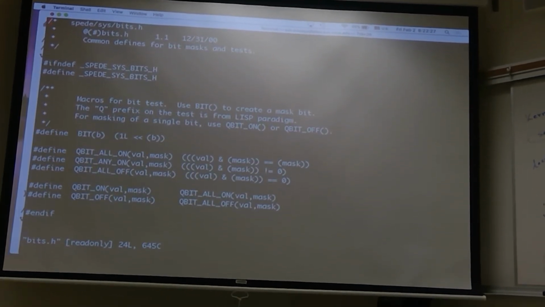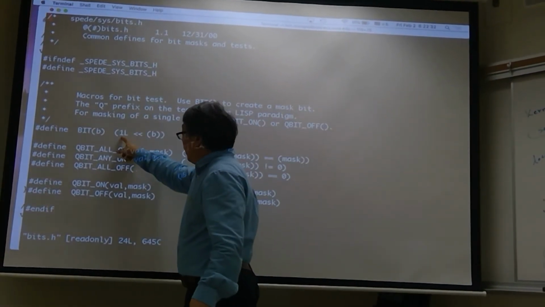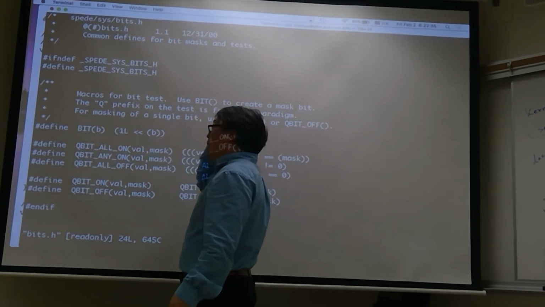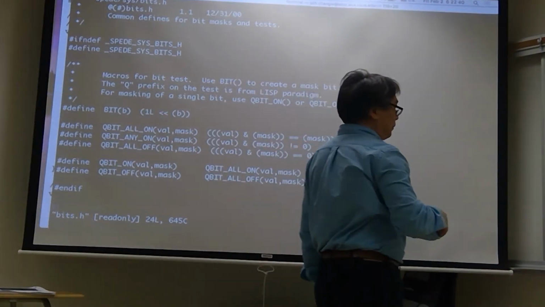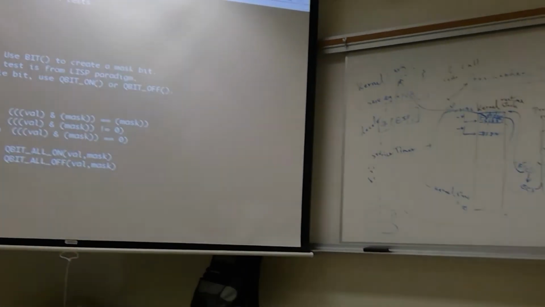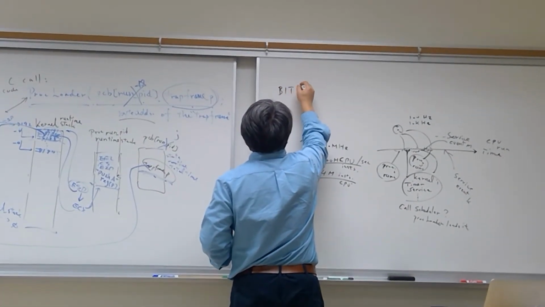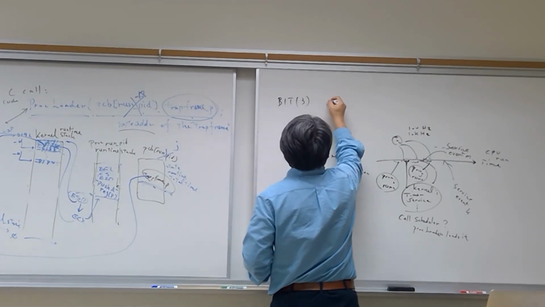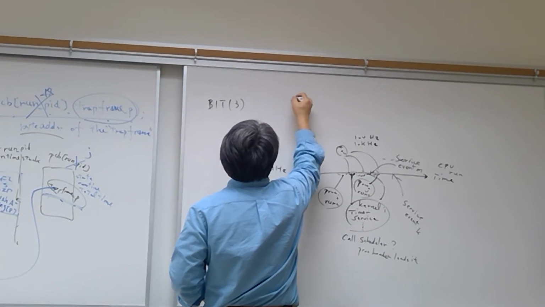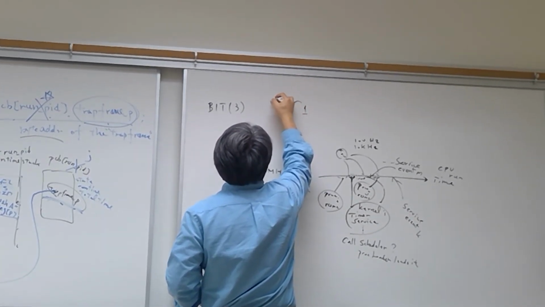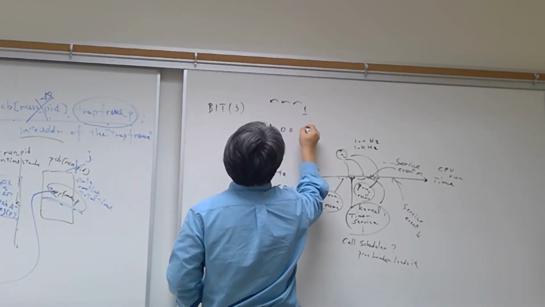Right here. Bits of something is the left shift of 1 to which position? Bit 3 will be a 1 shift 3. Oh, that makes sense. That's 1 0 0 0.